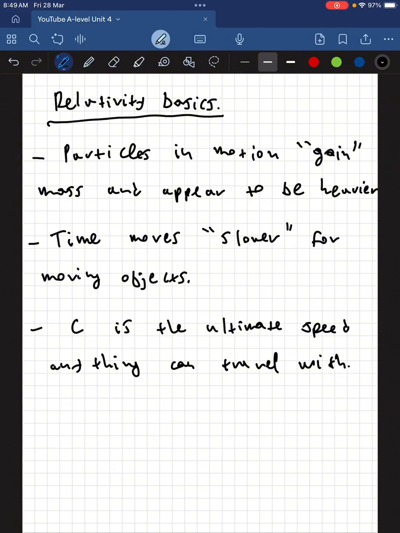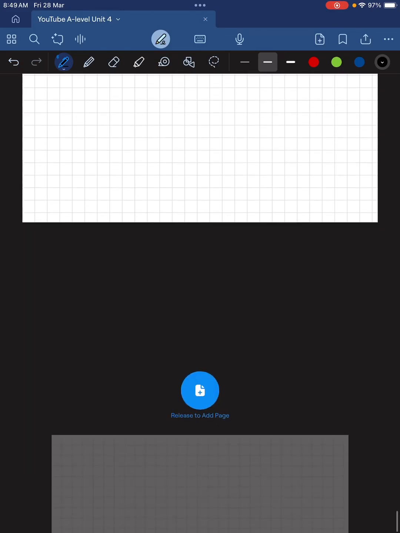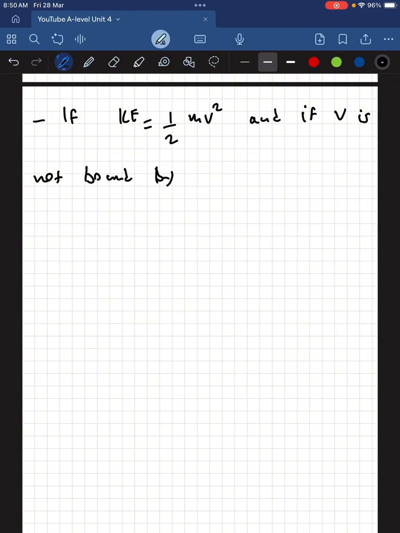No. Actually, we will keep moving, and now we will dive into some relativistic thoughts and math, which are kind of optional, but it will help you, I hope, understand what's going on. So let's also mention, before mentioning anything about relativity, that if the kinetic energy is 1/2 mv squared, and if v is not bound by c, and what I mean by that is that, remember, we just said that v can only be as high as the speed of light or less for any particle, okay?